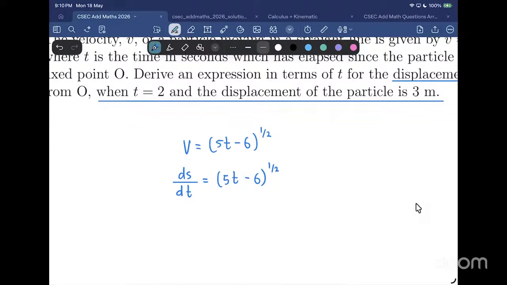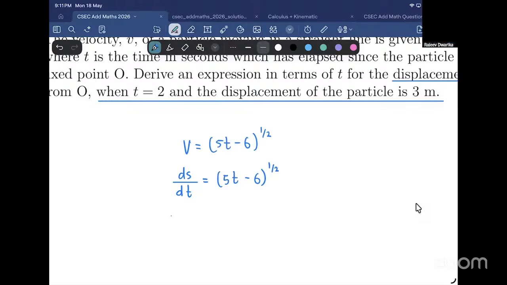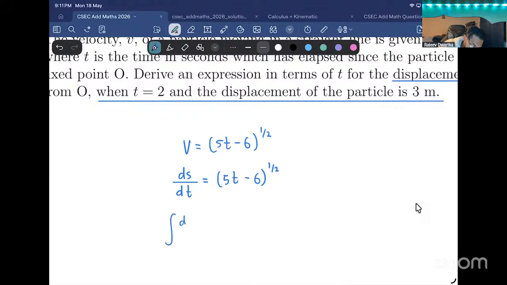I differentiated to get ds dt. So what should I do to get back s? What's the opposite of differentiation? Integrate. So integrate 5t minus 6 to the power of a half. That is it. So I'd have to integrate velocity, which is ds dt, with respect to time.